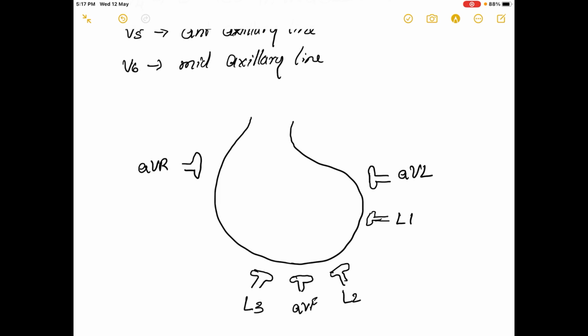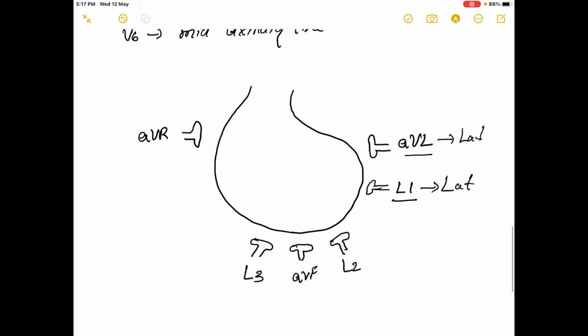This is how the limb and augmented limb leads are connected to the heart, and this is how they measure. AVL measures the electrical activity in the lateral wall. Even lead 1 measures the activity in the lateral wall, whereas AVR measures the activity in the right ventricle, right side.